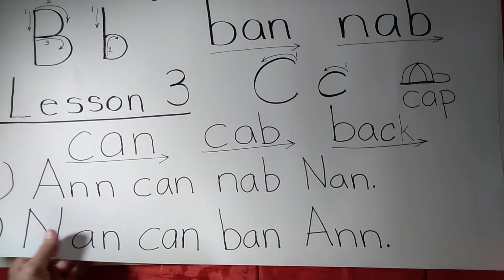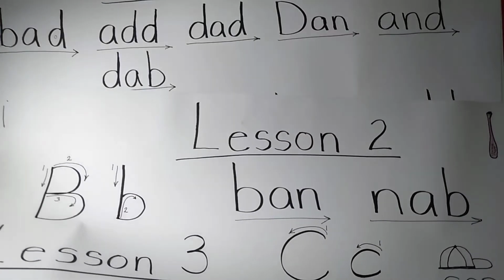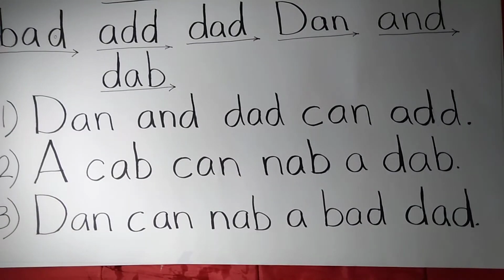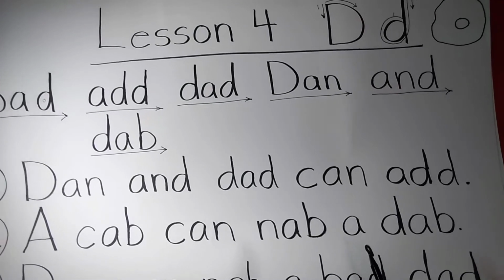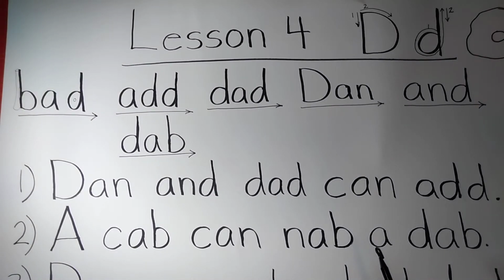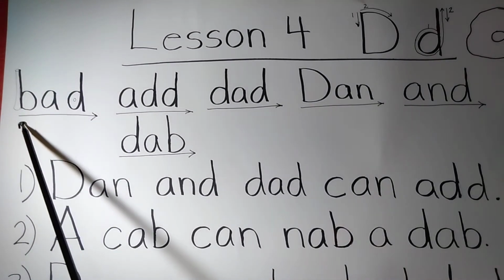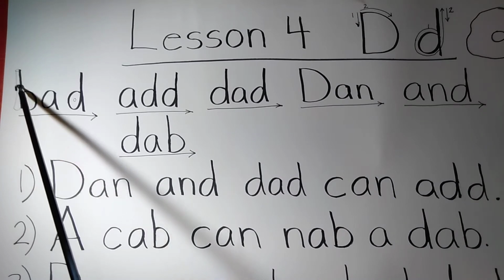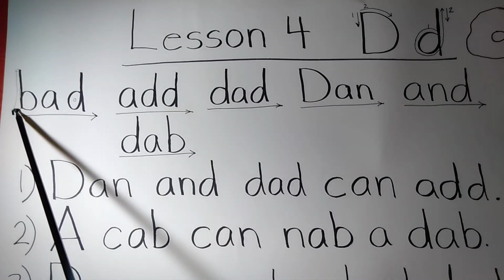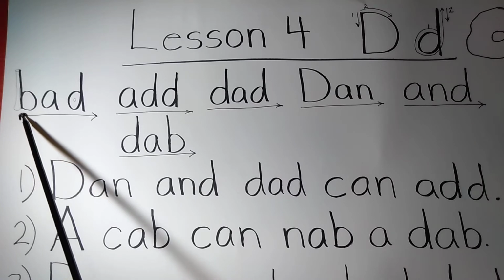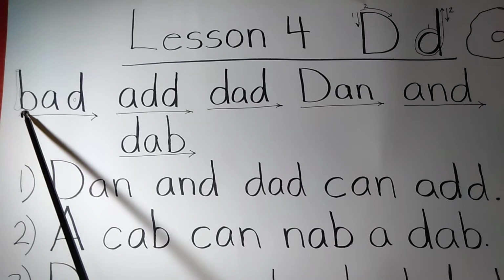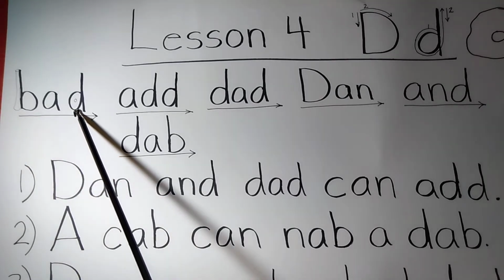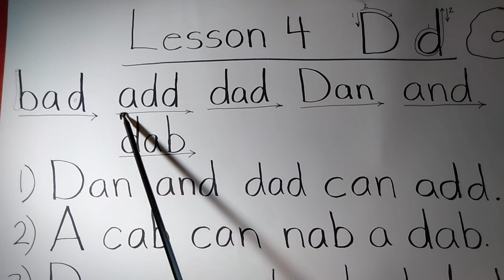All right, now we're going to go to lesson 4. And again, I'd like the student to read these words before I do. First one. Notice there's a bat here. You might be able to see that. Bad, bad. Next.